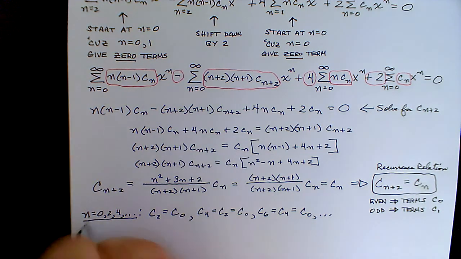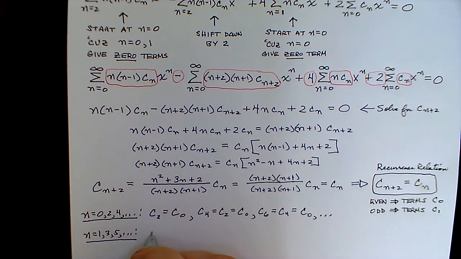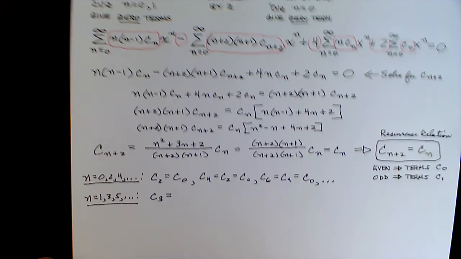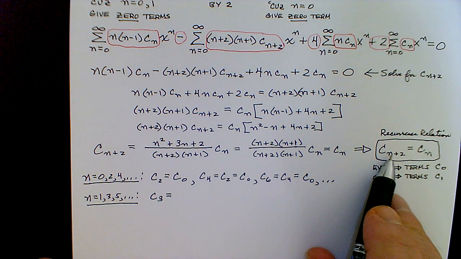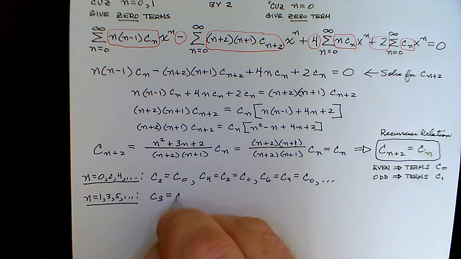Okay, so let's do the odd ones. So when n is 1, 3, 5, etc., c sub 3 is going to be when n is 1, but when n is 1, this c sub 3 is c sub 1.